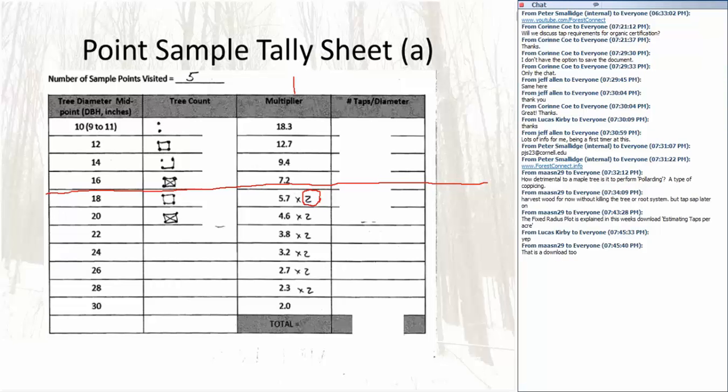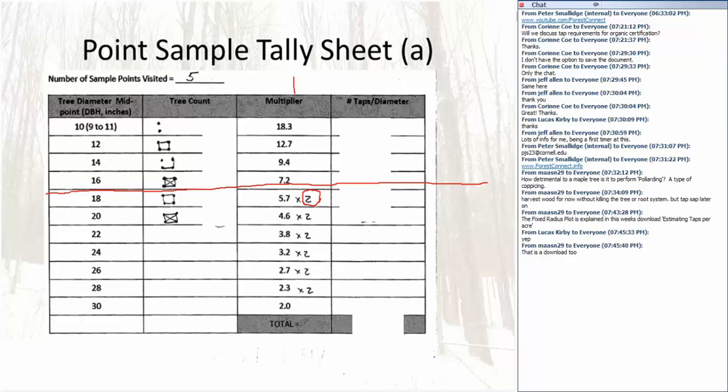Here, and I can explain the mathematics if somebody asks, but I won't until somebody asks, the multipliers are different. So the smaller diameter trees have a bigger multiplier, the bigger diameter trees have a smaller multiplier. But because each 18-inch tree, and 20-inch trees larger than 18 inches, represent 2 taps per tree, we're going to double those.